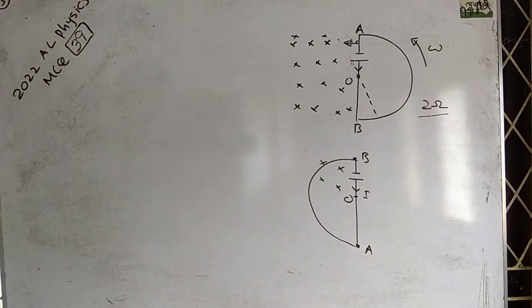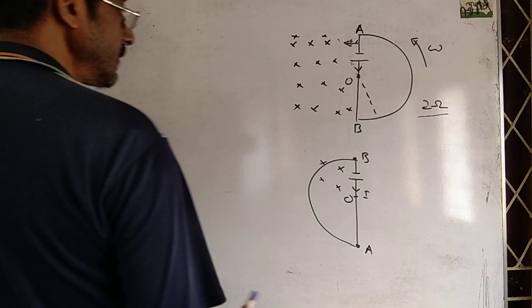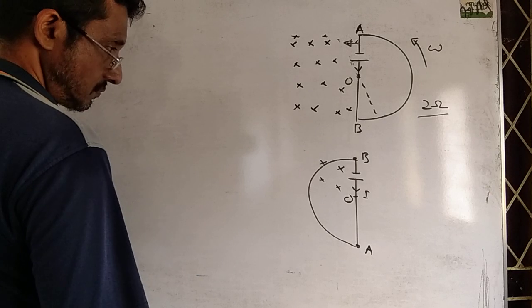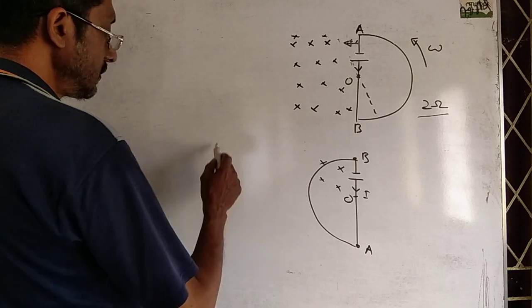But when generating the current through one half, it's a direct current. Then when the radius changes, the direction of the current also changes. Answer is number 1.